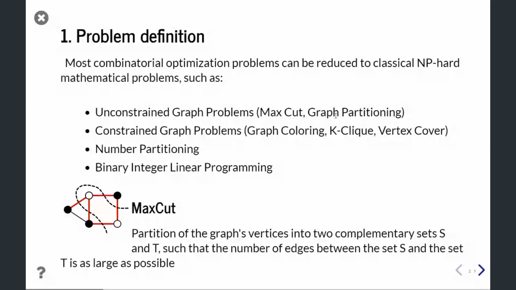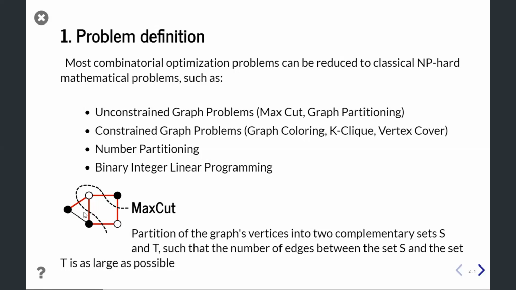Graph partitioning or graph coloring is another example. In graph coloring, you have vertices connected with edges, and you have to find the smallest number of colors such that two vertices that are connected must be of different colors.